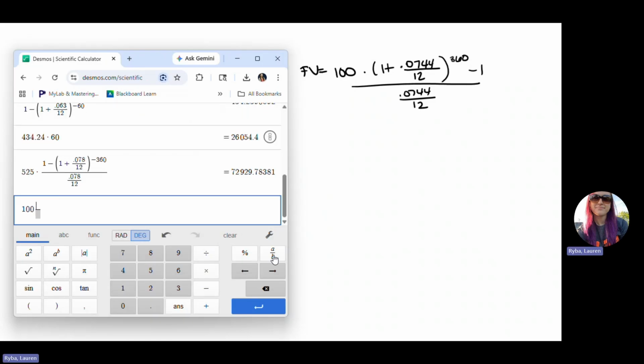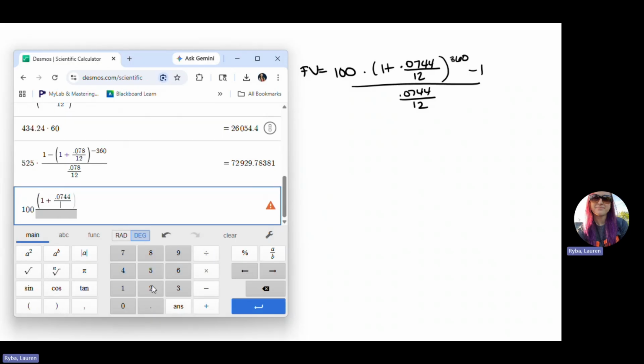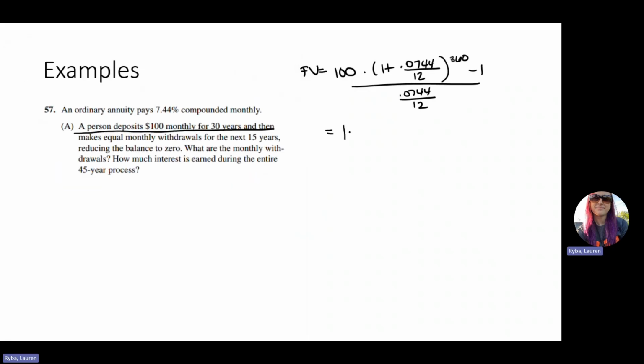So 100 times 1 plus 0.0744 over 12 to the 360 minus 1 over 0.0744 over 12. So the first part of this problem is you're depositing these $100 every month for 30 years. That makes the account worth $133,137.